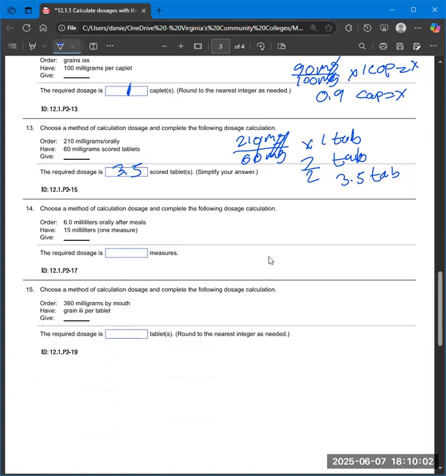That's not awful. 6.0 milliliters divided by 15 milliliters. And whatever this is called, 1 measure is X. So that's 4 measures.